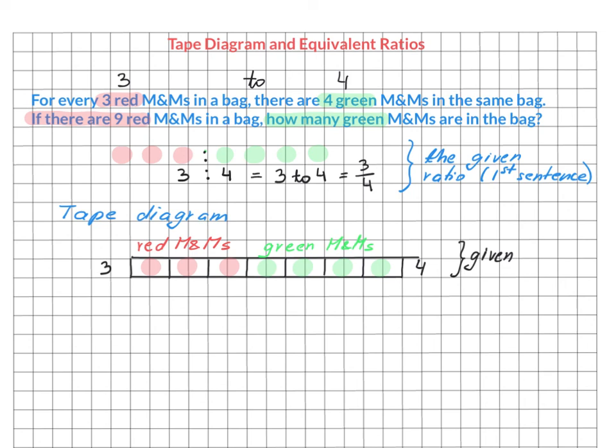Okay, so I'm going to draw another line, another tape. And I'm going to do a few more lines just to make sure I have enough lines. So I'm going to draw the rest of the lines here.